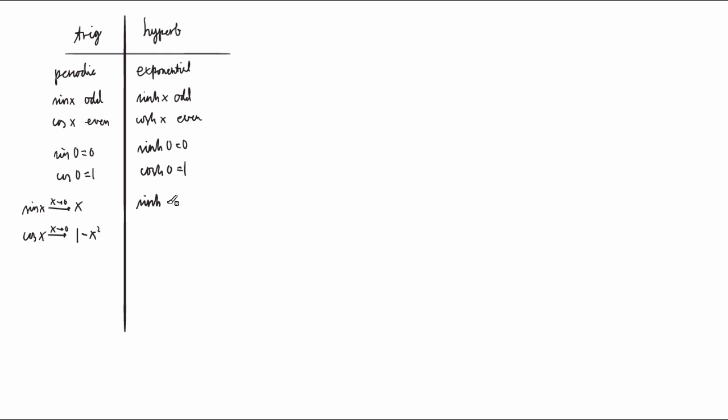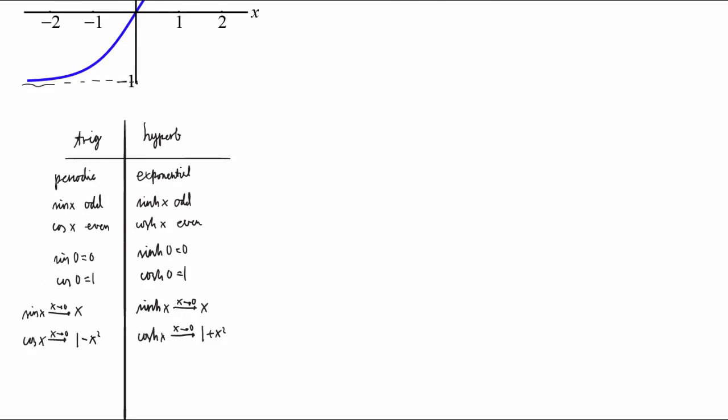Similarly for the hyperbolic functions, sinh x when x goes to 0 is approximately equal to x, just like the sine function. But cosh of x is approximately 1 plus x squared.